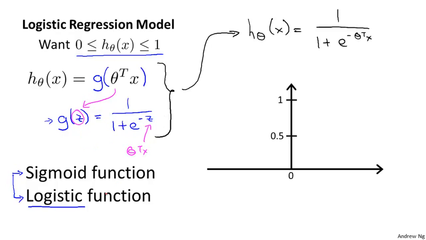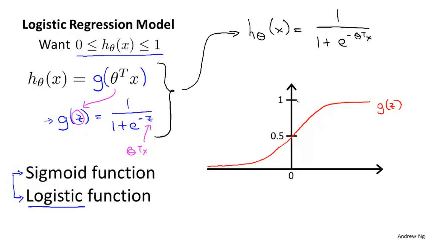Lastly, let me show you what the sigmoid function looks like. We're going to plot it on this figure here. The sigmoid function, g of z, also called the logistic function, looks like this. It starts off near 0, and then it rises until it crosses 0.5 at the origin, and then it flattens out again like so. So that's what the sigmoid function looks like.